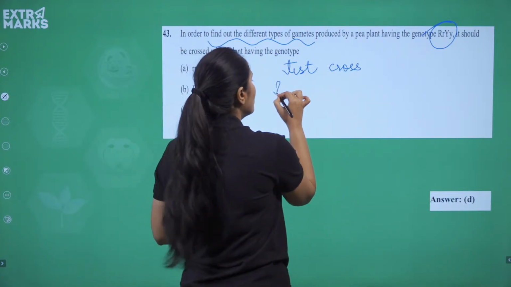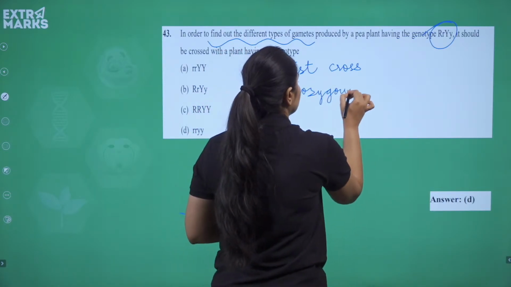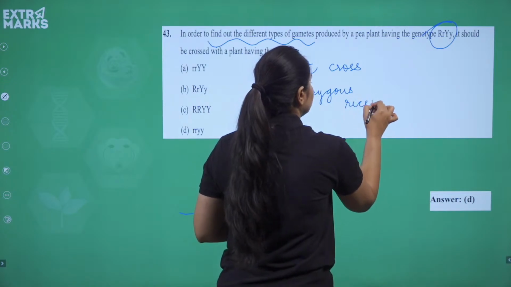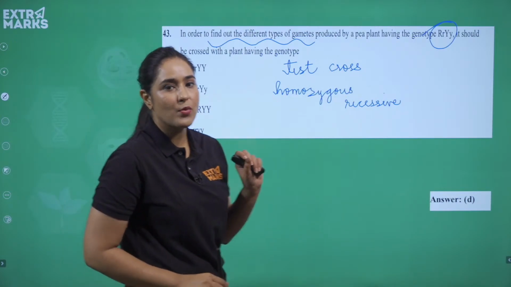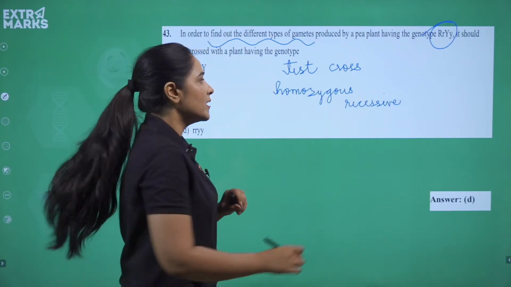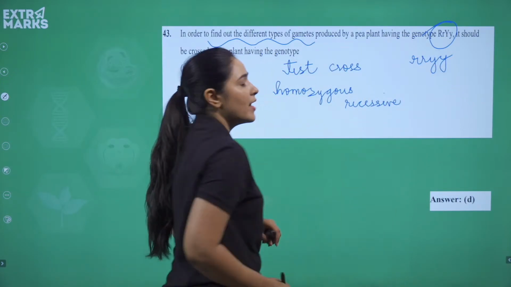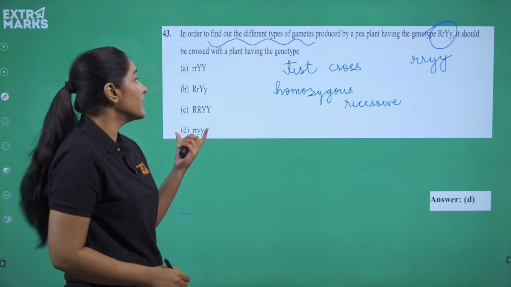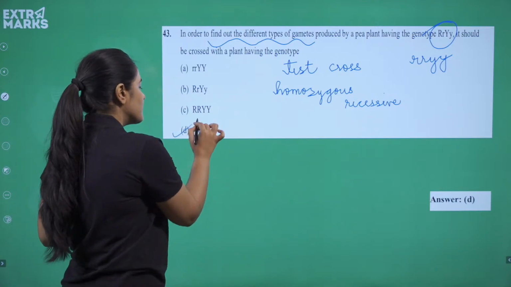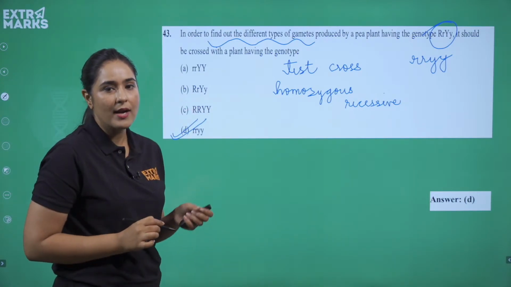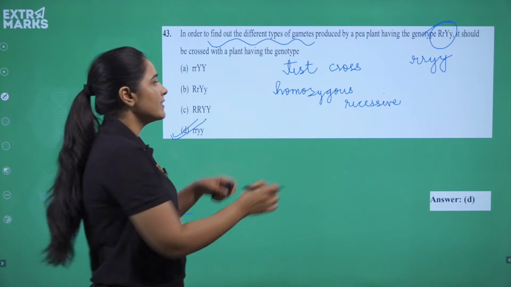We are having homozygous recessive genotype there. We will cross this capital R, capital Y, small y with the homozygous recessive genotype, that is small r, small r, small y, small y. And after that we can find out the different types of gametes. So the correct option here is D. Small r, small r, small y, small y, that is the homozygous recessive. And it is the test cross.